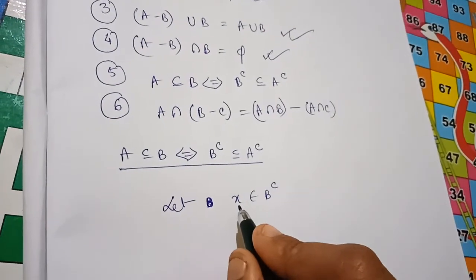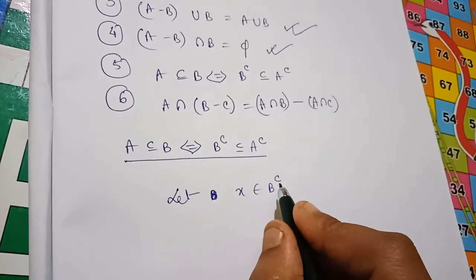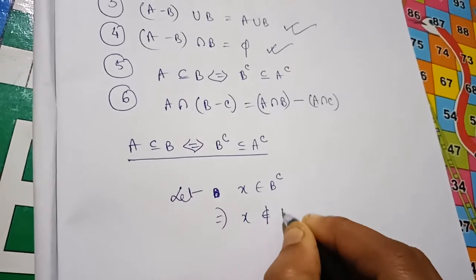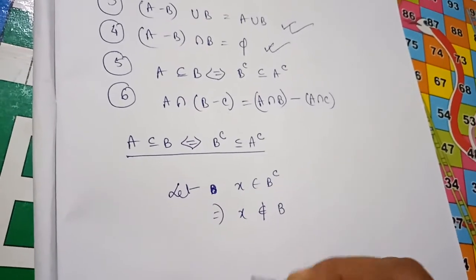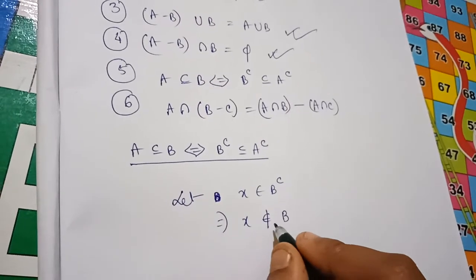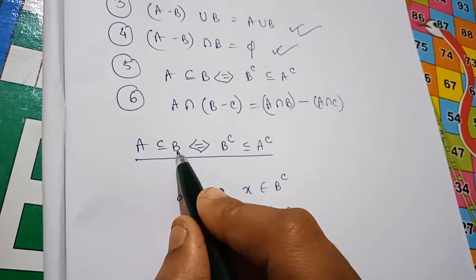So if we have taken x belongs to B complement, that means x doesn't belong to B, right? If x doesn't belong to B, look, B is the biggest set.